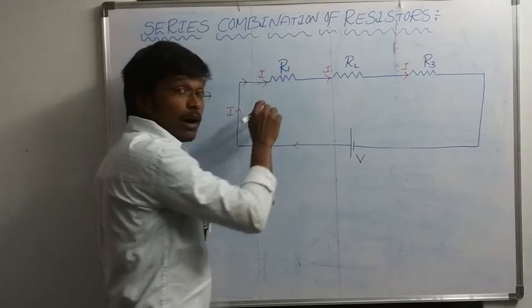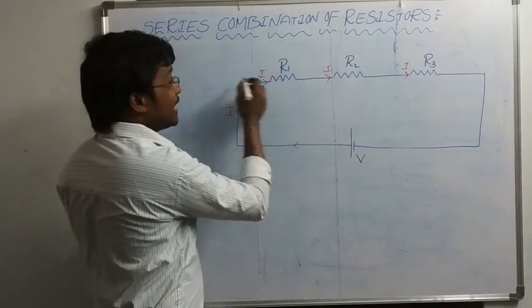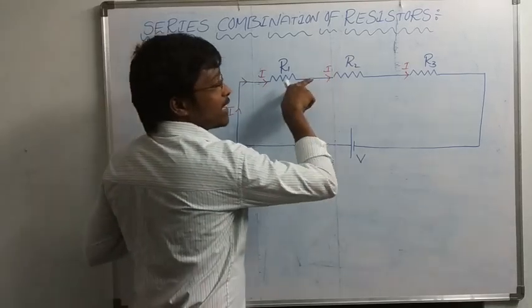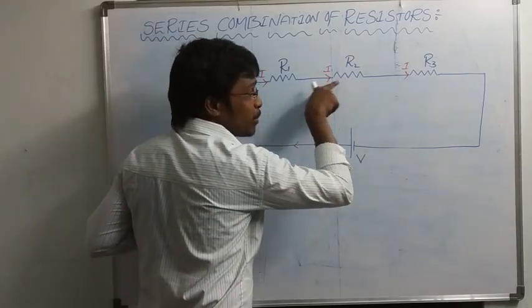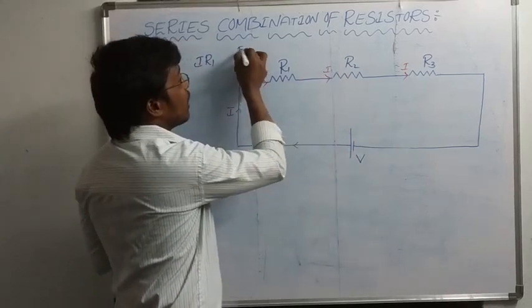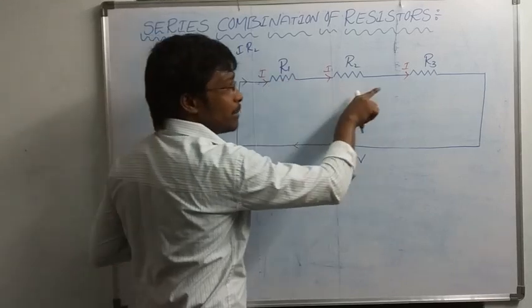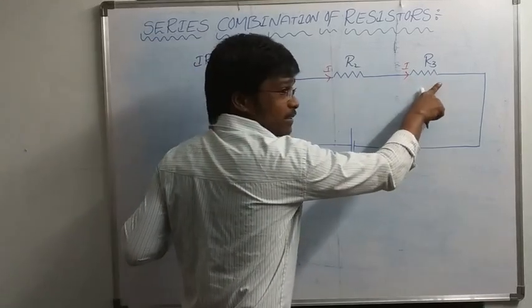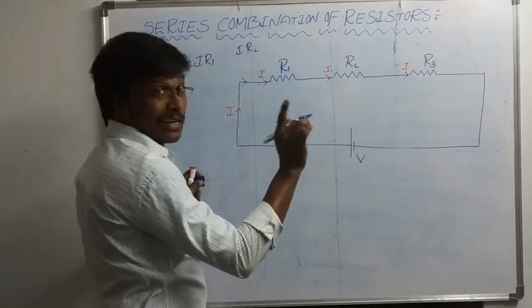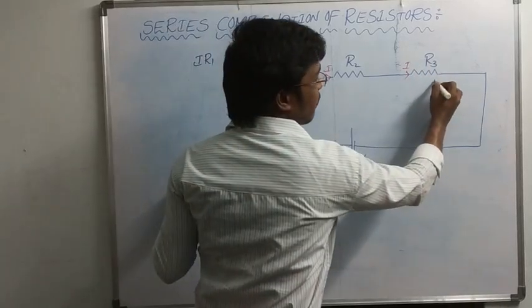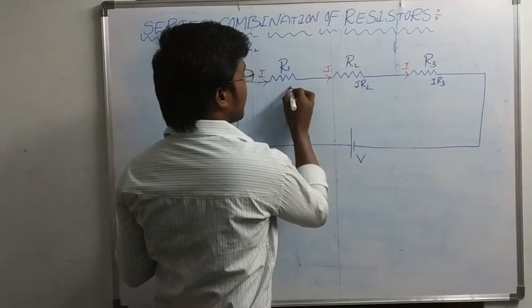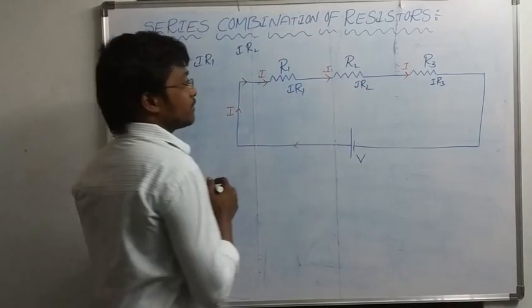Here the current is passing through this resistor, so I into R2. At the same time, current is passing through this resistor, so I into R3. You can write it here itself: I into R3, I into R2, and here I into R1.